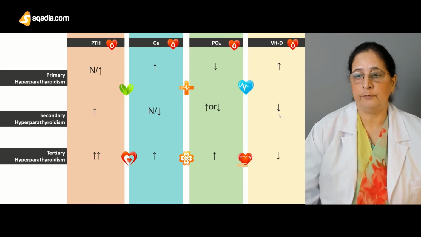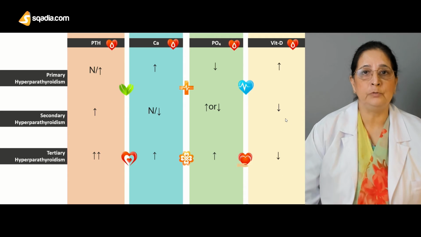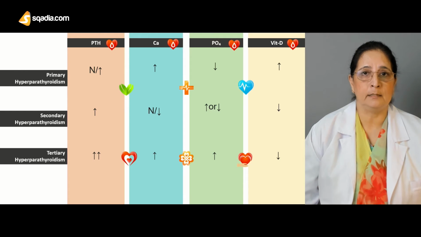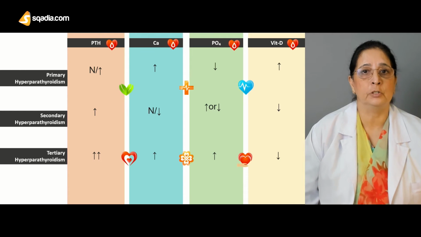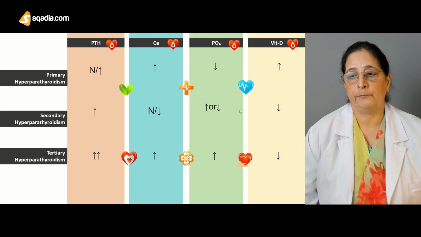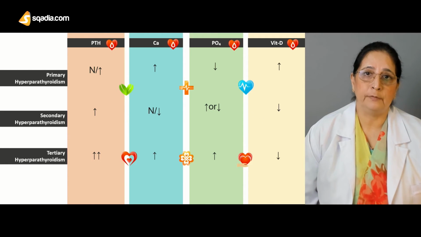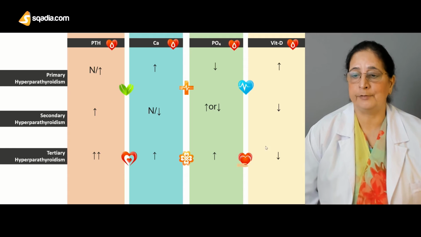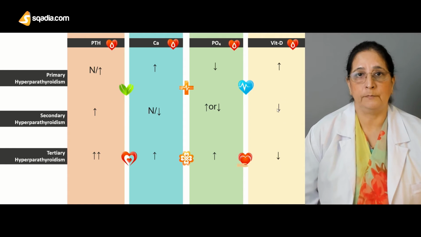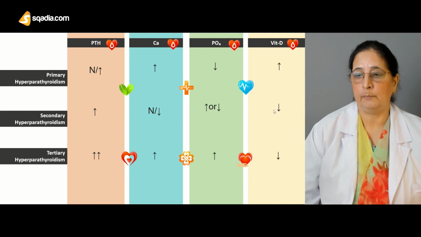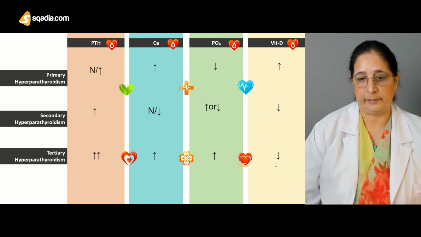This is mainly due to involvement of the kidneys, and we already mentioned the kidneys are important in the conversion of vitamin D from 25-hydroxy vitamin D to 1,25-dihydroxy vitamin D. That's why it's decreased here, because kidneys are not functioning properly and there is either renal transplant or chronic renal failure. So this is very important that vitamin D in secondary and tertiary is decreased.